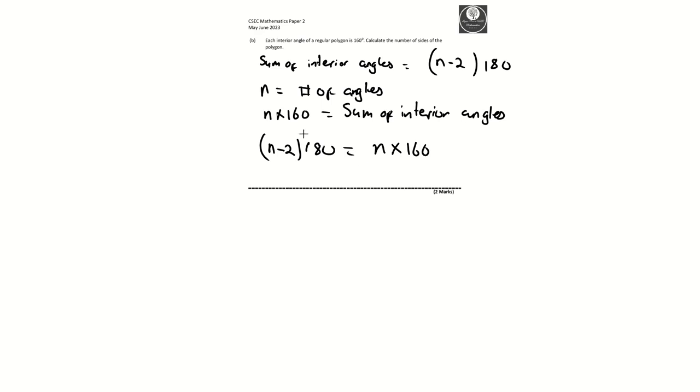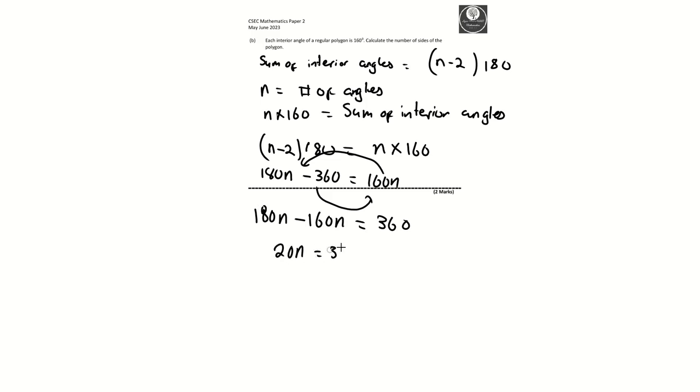Alright? So this would be 180n minus 360 is equal to 160n. Right? Carry this across. That's 180n minus 160n is equal to positive 360. Alright, so that would be 20n is 360.